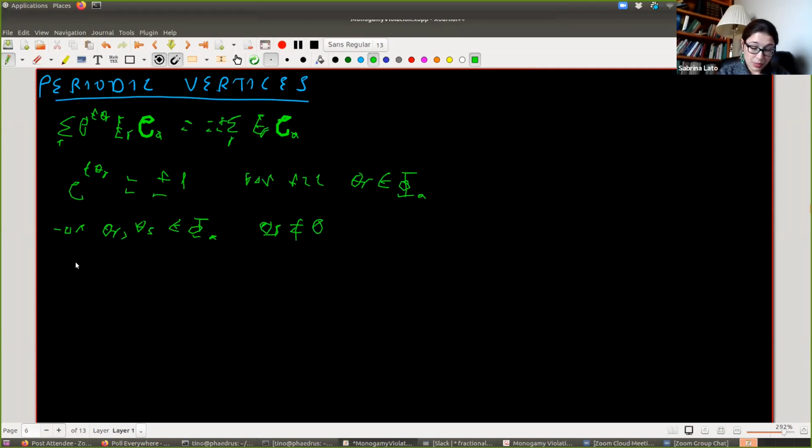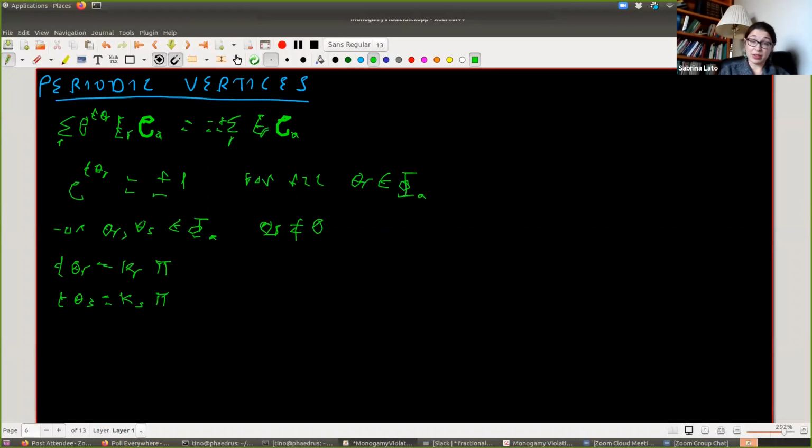Then we get t theta r must be some integer multiple of pi, and t theta s must also be some other integer multiple of pi.